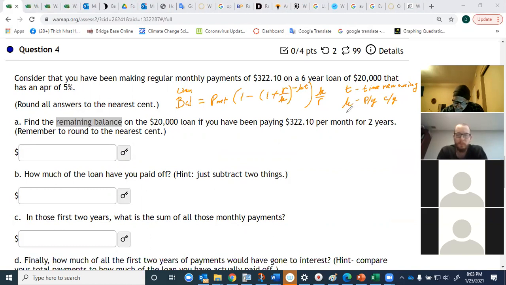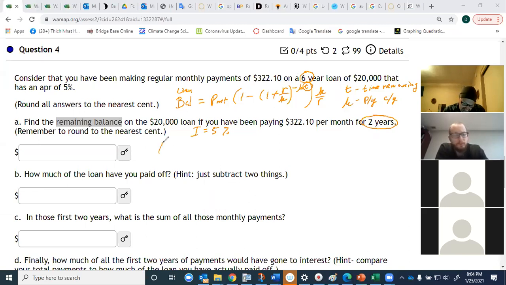And we're going to use our calculator. So we're going to use I is equal to, was that 5%? Yeah, that's 5%. And so when we do this on the calculator, we have to know what T is. Now it's important. It's a 6-year loan and you've been paying it for 2 years already.